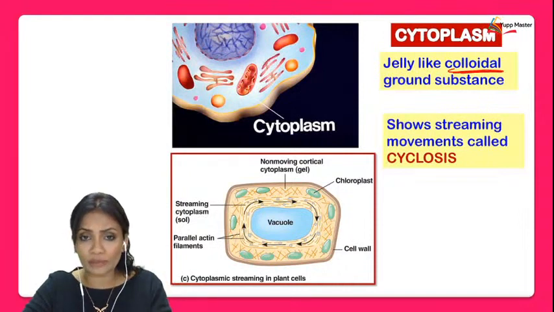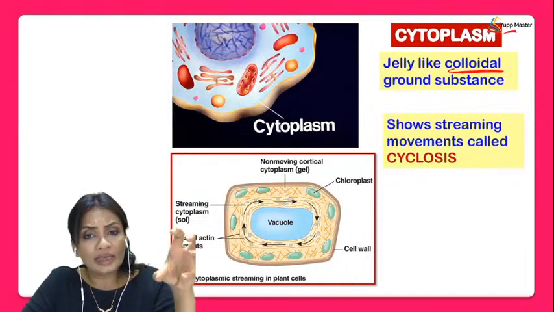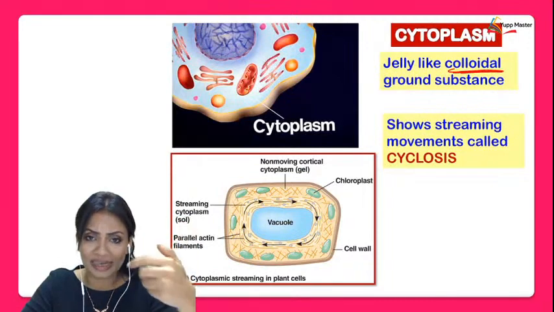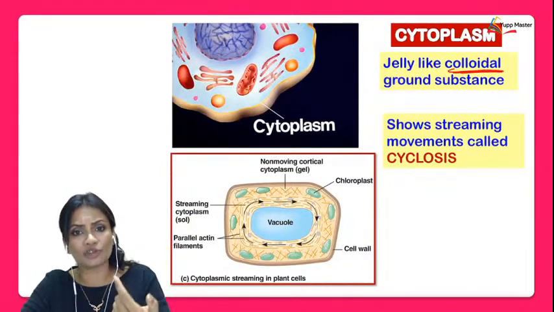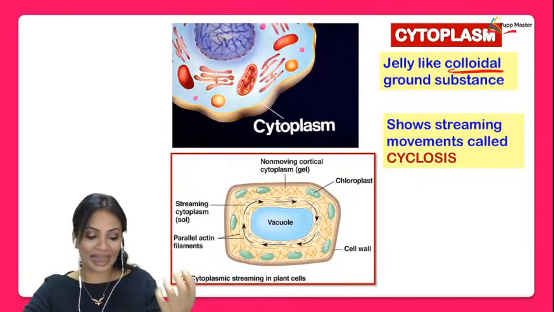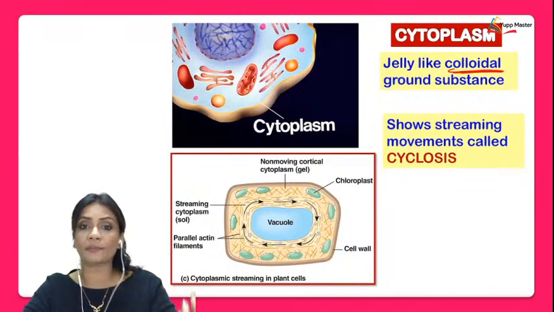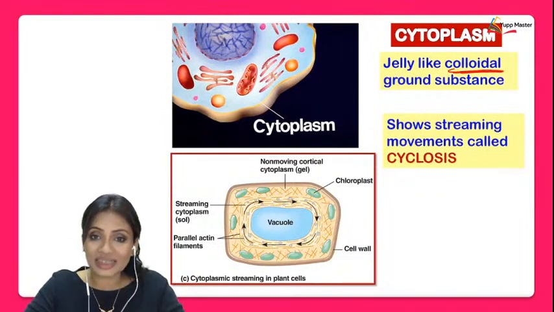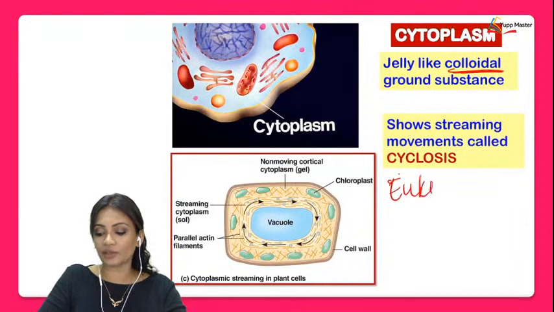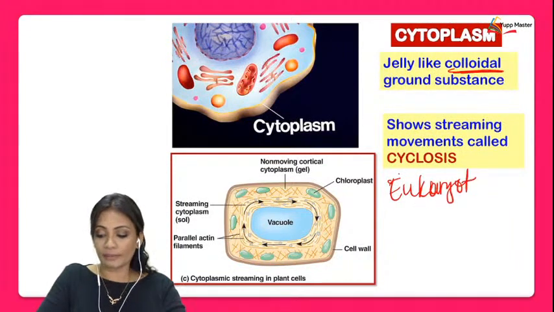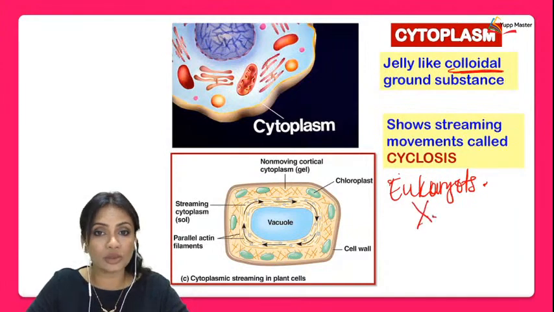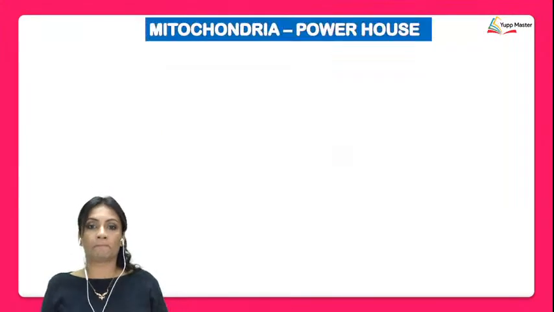What is it going to be doing by doing this? Any nutrient, if it is in one part of the cell, by the movement of cyclosis, by the cytoplasmic streaming movements, that nutrition can be delivered to all the different parts of the cell. So, this is an important factor which is present only in the eukaryotes. Remember that in prokaryotic cells, cyclosis is absolutely not happening, okay.